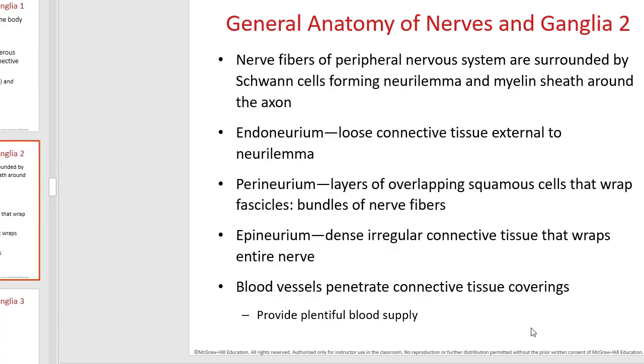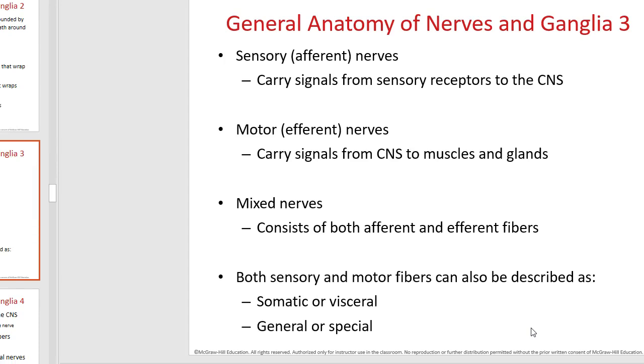So the different parts, nerve fibers, we remember, are in the peripheral nervous system, because the only two organs in the central nervous system are the brain and, of course, the spinal cord. Sensory afferent carries signals from sensory receptors to the CNS.